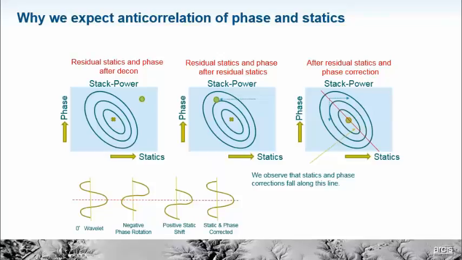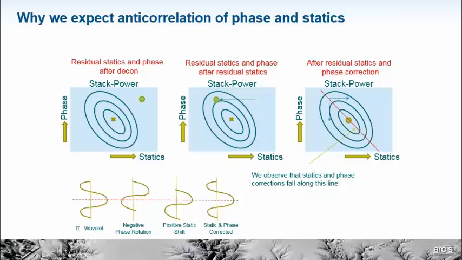But you've got both a negative phase rotation and a static on your data. So the perfect solution would be at the peak of this stack power, and this would be the stack power of one particular shot, for example. But you've got both a phase and static for the traces in that shot. So in our residual statics, we assume there's no phase errors, so you just move horizontally in this diagram to the local maximum.